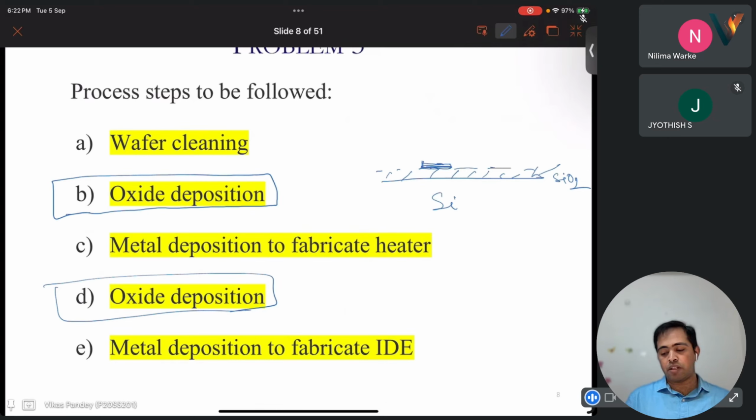Then we deposit the heater, then we put SiO2 over it, and then we deposit the ID pattern. Fine? Any confusion in this? No, sir. Clear? Yes. So we can move forward, right?